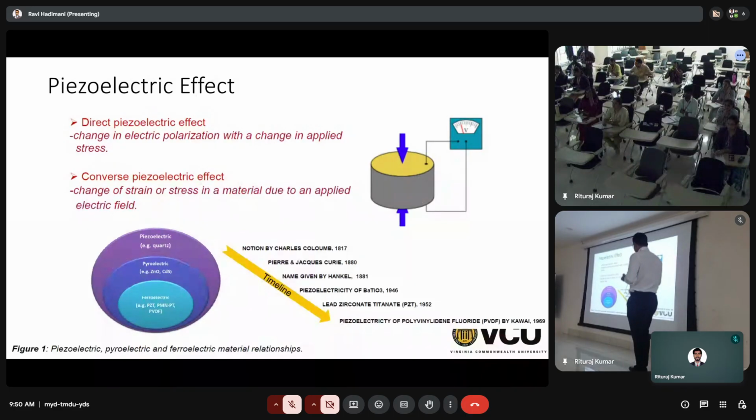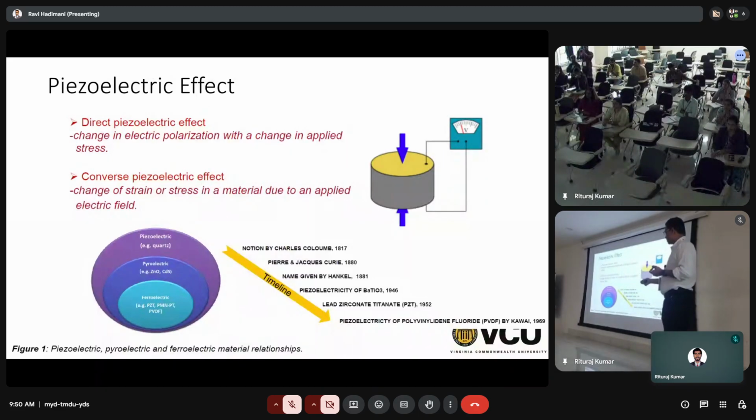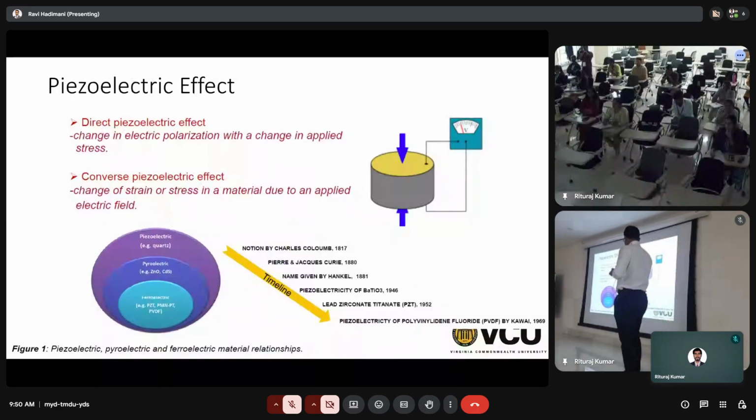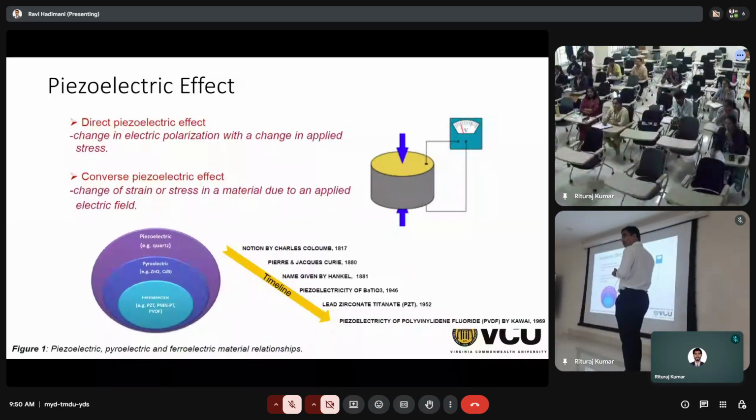And then Pierre and Jacques Curie did a lot of work on polarization in the 1880s, but the name piezoelectric was given by Hankel.